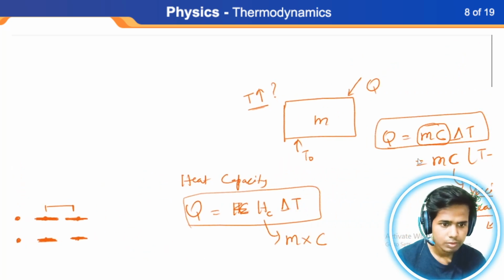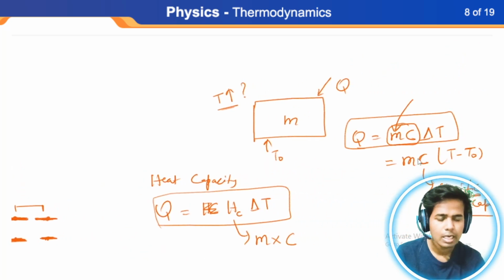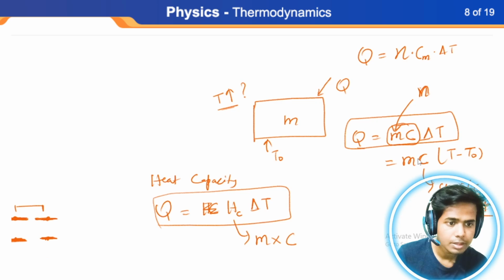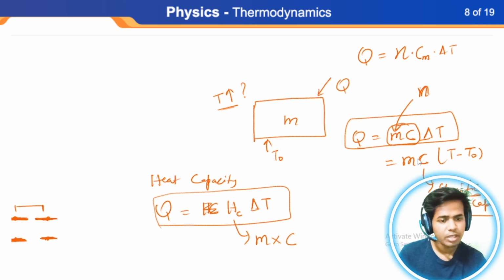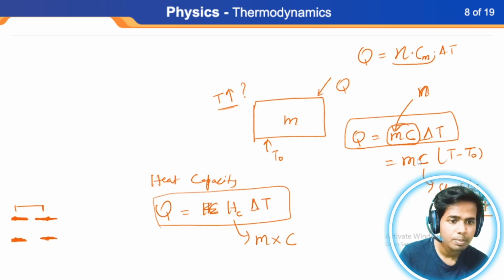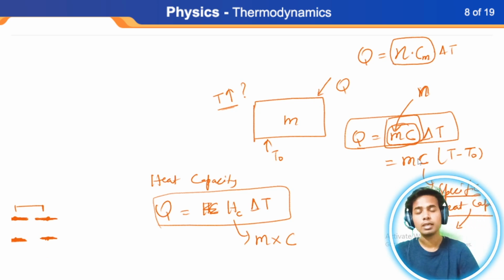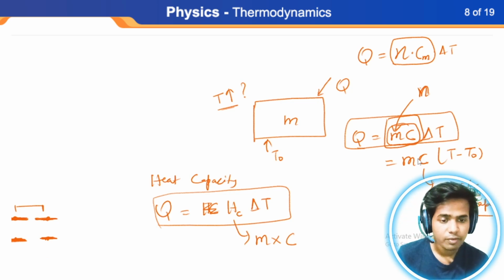Yes. यहाँ पर हमने मास लिया था. अगर हमें यहाँ पर नंबर ऑफ मोल्स लगा दिया गया, मतलब कि हीट को ऐसे डिफाइन कर रहे हैं, Q इज इक्वल टू नंबर ऑफ मोल्स इनटू स्पेसिफिक हीट कैपेसिटी मोलर इनटू डेल्टा टी. दिस इज द सेम थिंग, इट्स जस्ट दैट कि हमने इसको रिप्लेस करके इससे कर दिया है. मतलब अब हम मास ऑफ द बॉडी नहीं देख रहे हैं, we are just looking into the number of moles of that object inside that matter, whatever it is.